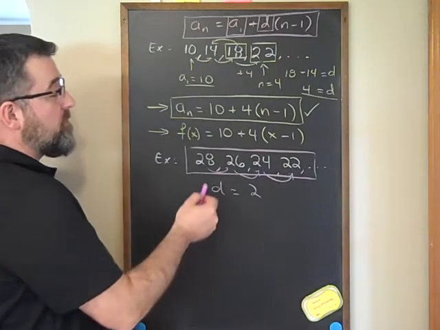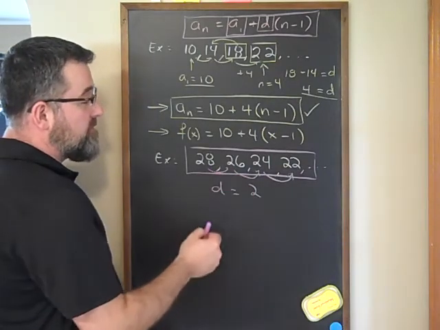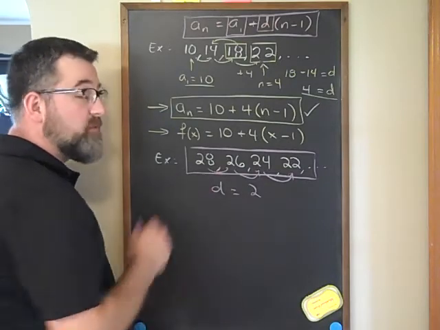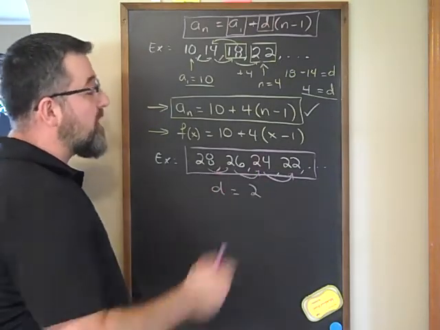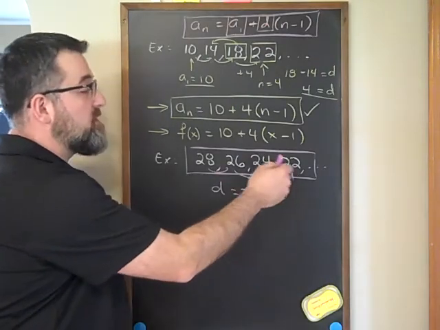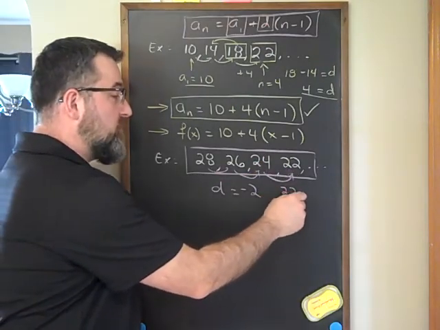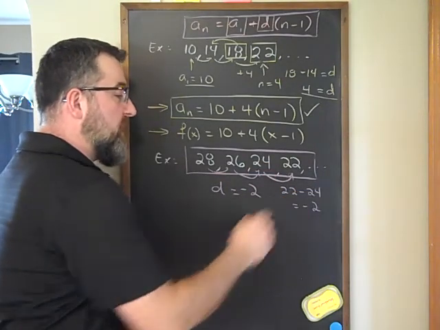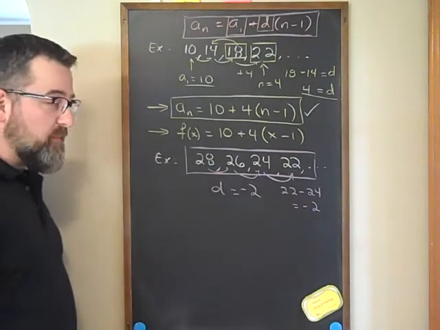If d was 2, that would mean we add 2 each time. If we take 28 plus 2, we get 30, not 26. So it's not 2. We're subtracting 2, so d is negative 2. Again, if you take any term and subtract the previous term, 22 minus its previous term, 24, that'll get you a result of negative 2. That's how you can determine that.